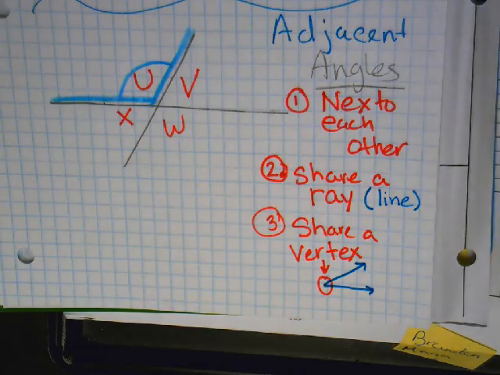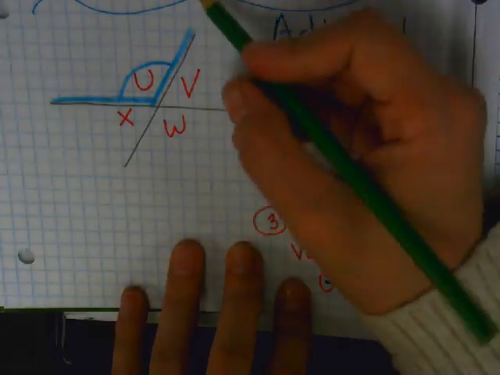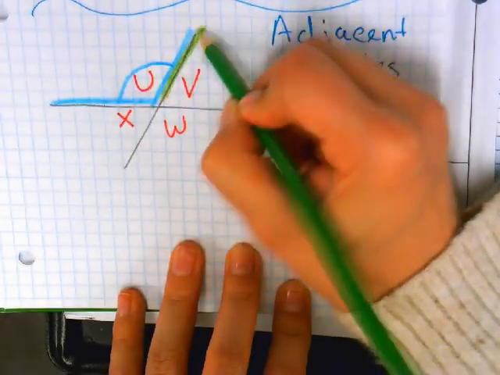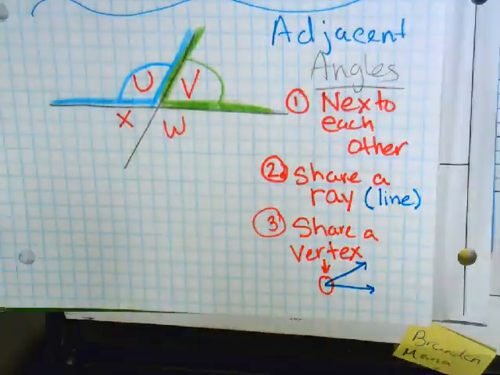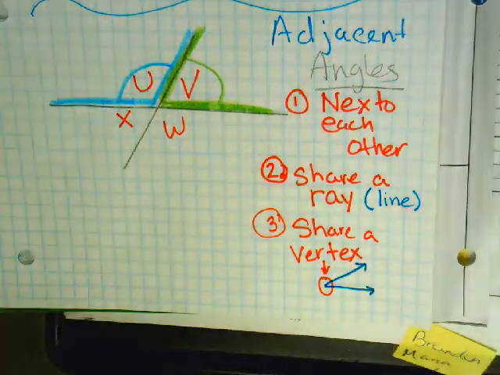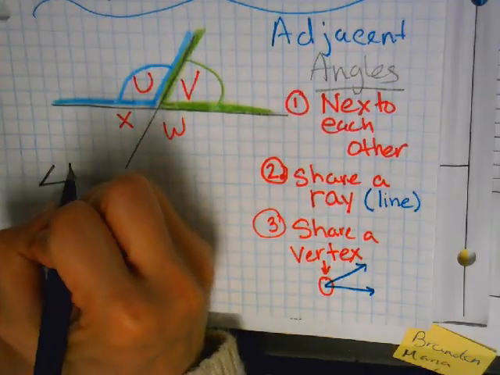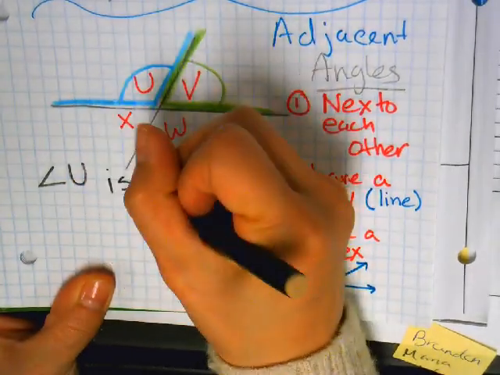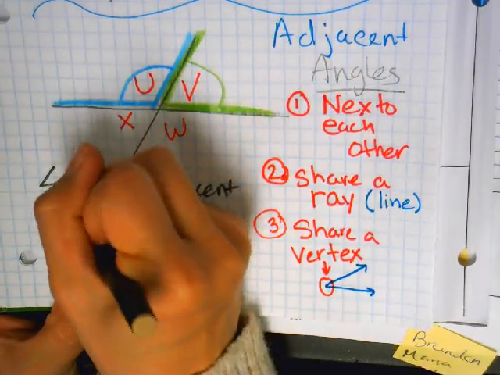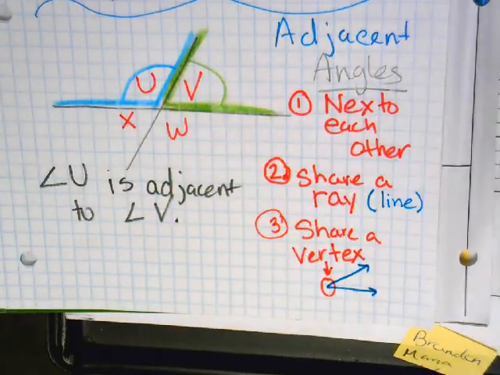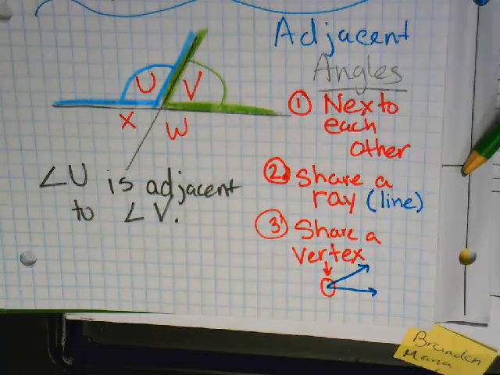V. Here's V. Okay. So I'm going to write that down with my pencil. Angle U is adjacent to angle V.